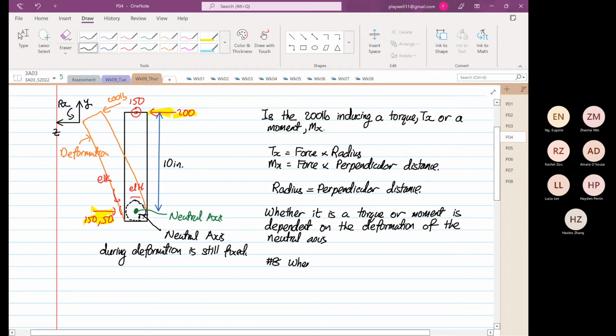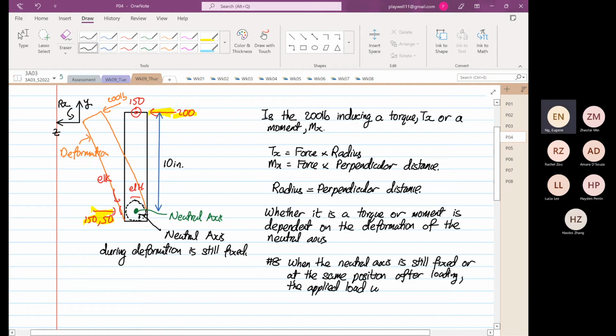When the neutral axis is still fixed, or at the same position after loading, the applied load will induce a torque.